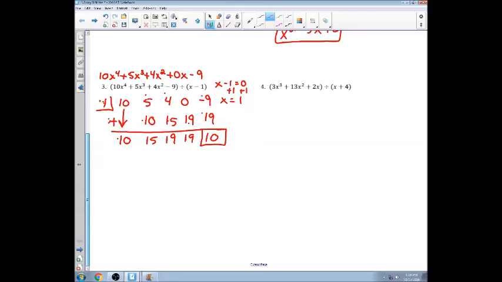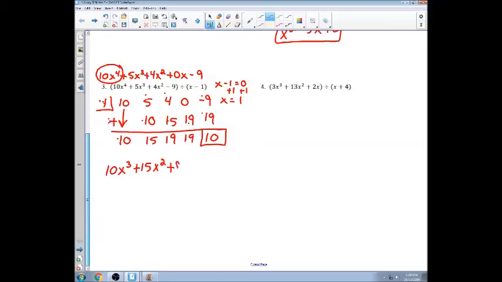Now, to rewrite my polynomial, I started with 10x to the 4th. I need to drop it 1 degree. So I'm going to use this as my leading coefficient. So 10 is my leading coefficient. If I drop it 1 degree, it would be x to the 3rd. Plus 15, drop it 1 degree, x squared.